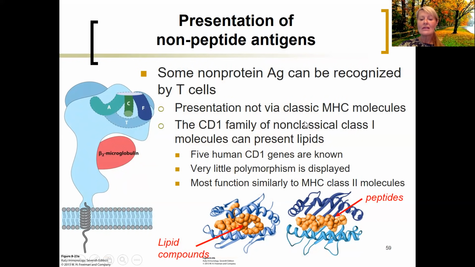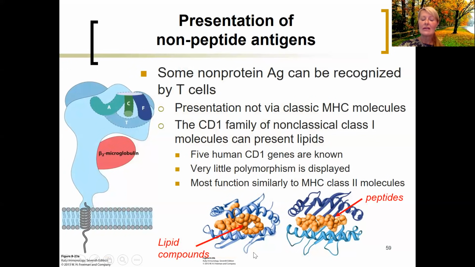Now, as I said, these look a lot like MHC class 1, but these are not polymorphic. They have very little polymorphism, but there are 5 human CD1 genes known, so you do get some diversity there. They function more like an MHC class 2 in some ways. So you can see here is an MHC class 2 displaying peptide. That's what you're used to looking at.